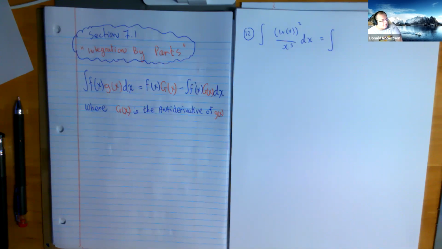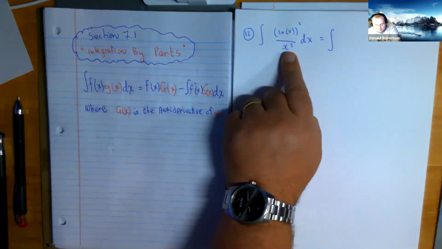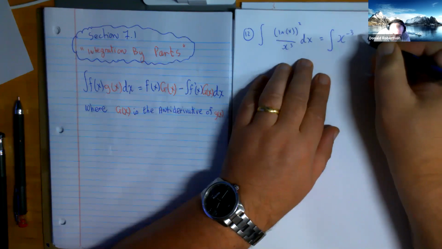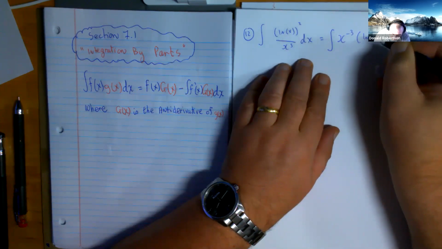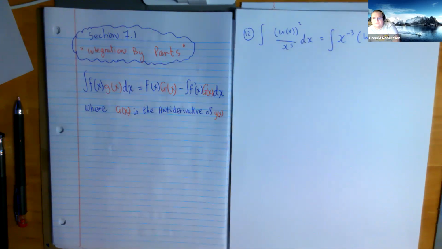But written in that form, it doesn't really lend itself to this rule. So I'm going to look at this x cubed in the bottom and write it like that. Are you comfortable about the transition from this form to that form?